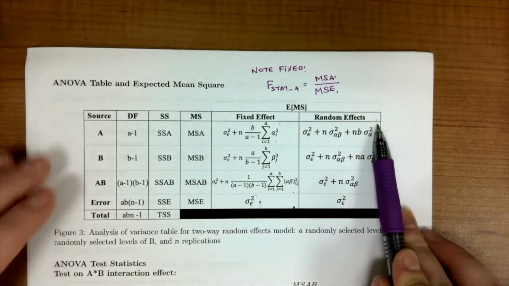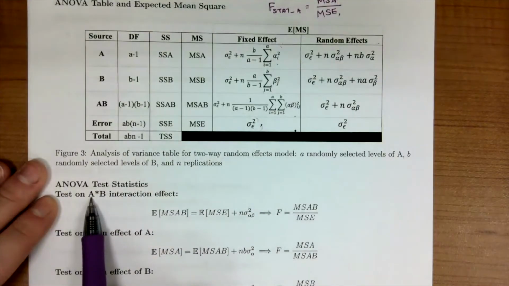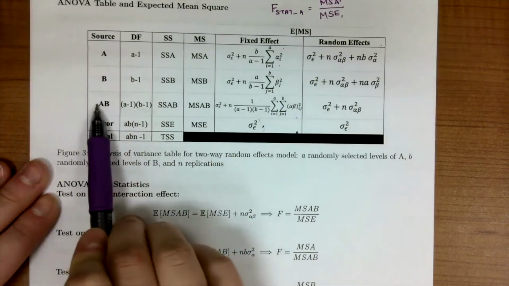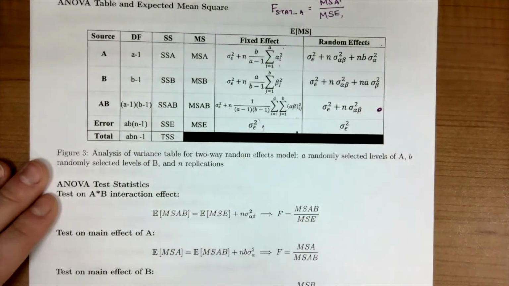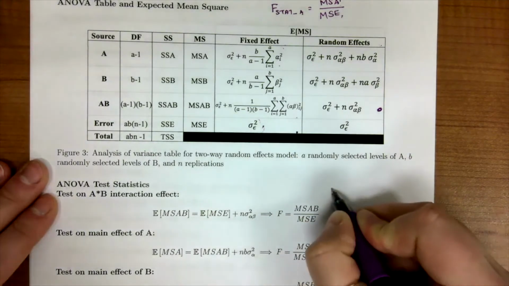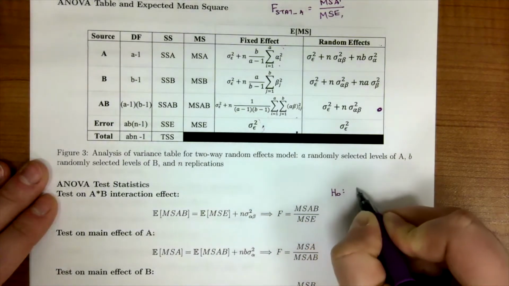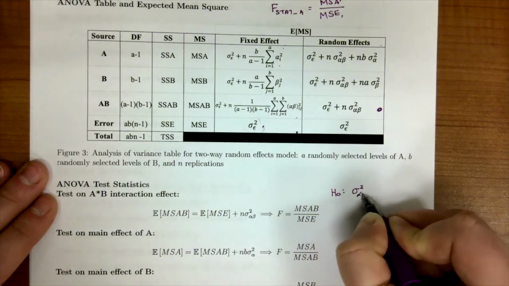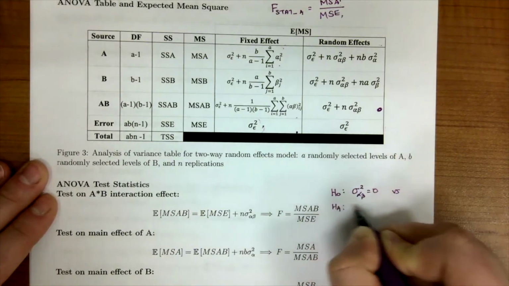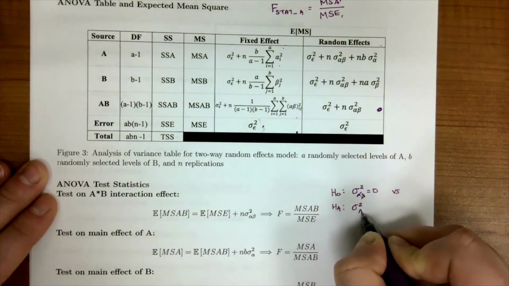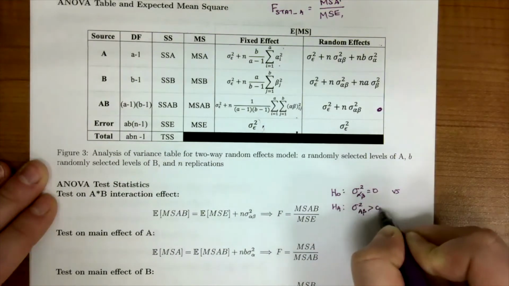Okay, so let's first look at the test for the interaction effect. So we have our interaction effect here, and our hypotheses would be looking at sigma squared alpha beta equal to 0 versus the alternative, sigma squared alpha beta greater than 0.